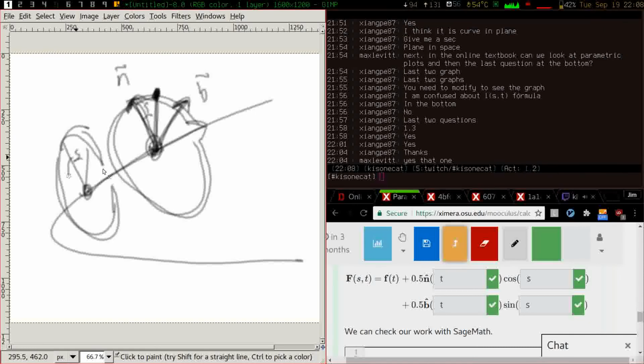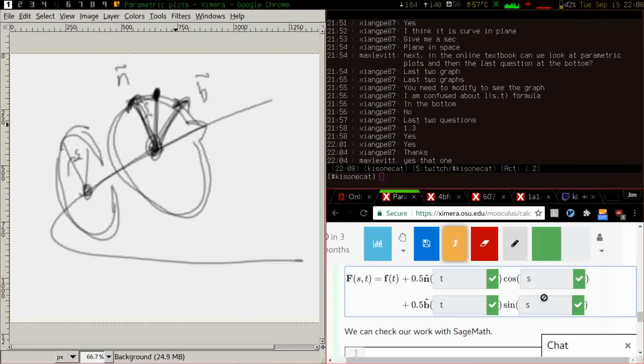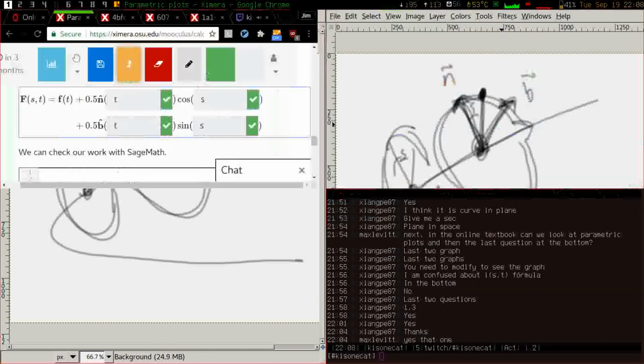But I'm building these circles by combining the normal vector and the binormal vector in space, in the same way that I would combine something in the x direction and something in the y direction to make a circle. So I'm multiplying the normal direction by cosine and the binormal direction by sine in order to move around a circle in the plane spanned by n and b.